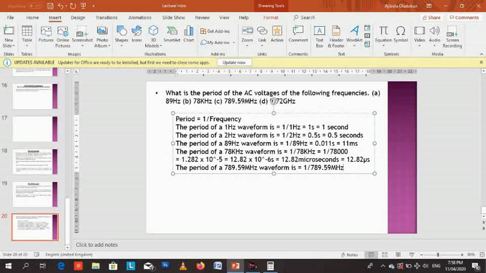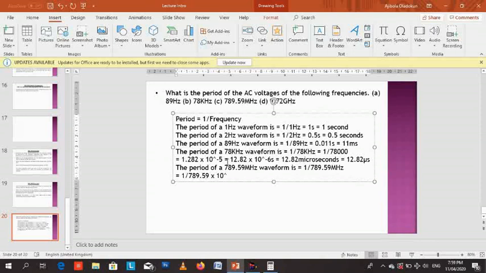Like I said, before you start dividing, get rid of the mega and convert it back to just hertz. Don't divide with the mega intact, you're going to have a wrong value. So that's 1 divided by 789.59 times 10 to the power 6, since mega is 10 to the power 6.